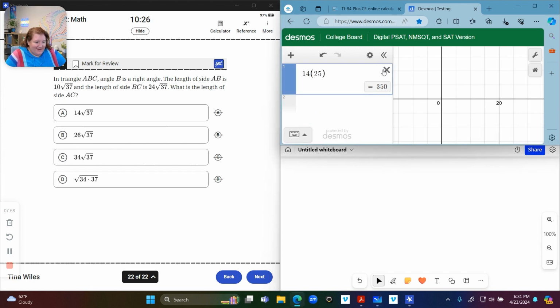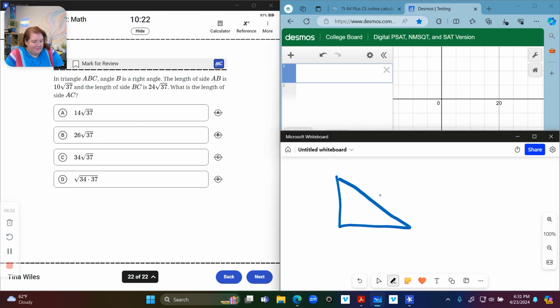Okay. In triangle ABC, B is the right angle. The length of side AB is 10 square root of 37. The length of side BC is 24 square root of 37. What is AC? So I have to use Pythagorean theorem.